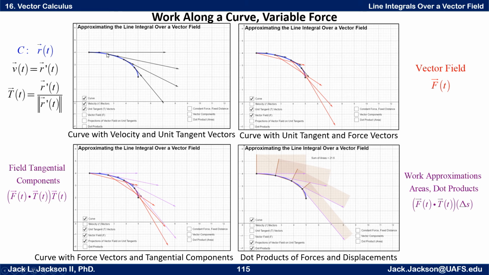They're all length 1, but they go in the direction of the tangent to the curve. Here's our vector field at those points in red. And if we project those into the same direction as the motion given by the tangent vectors, then we get this. And that is actually, so we get that tangent component.